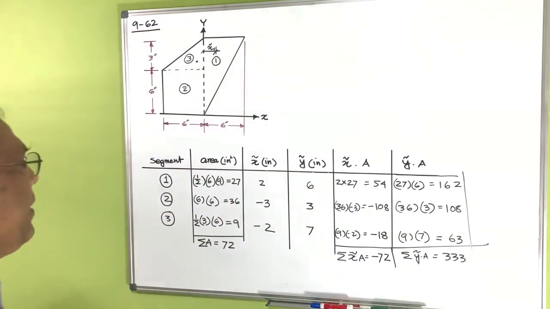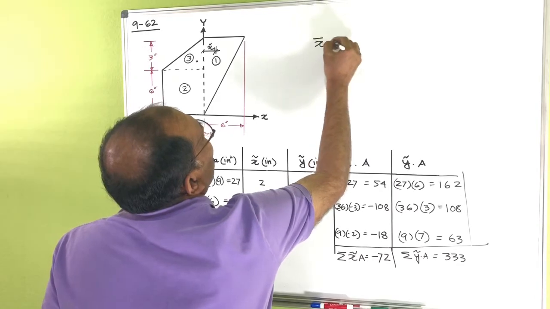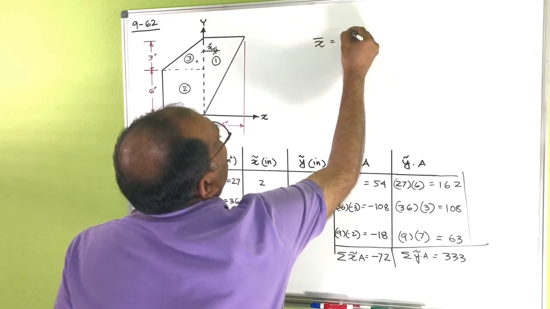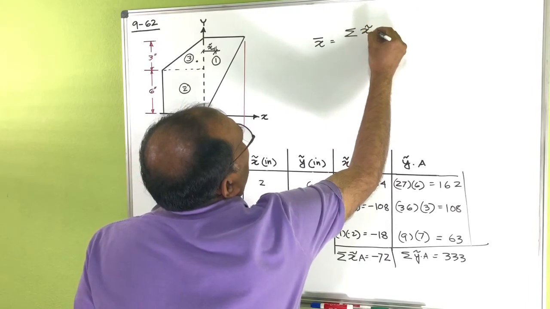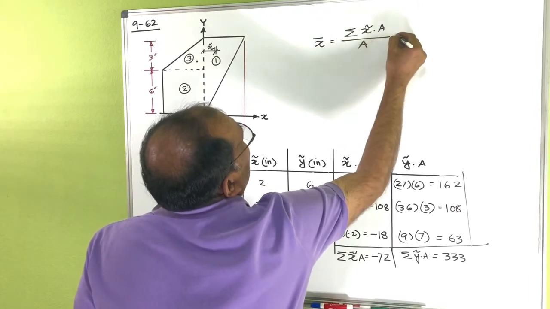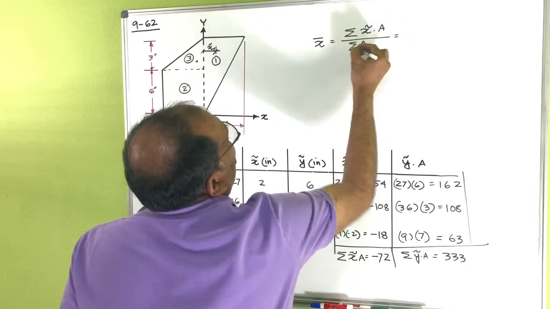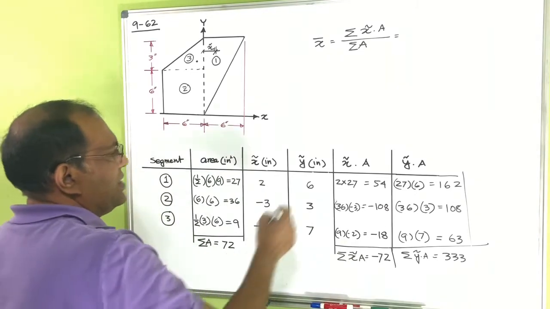Okay, so we know our x bar is equal to summation of x squiggly bar A divided by summation of A. So it means this divided by this.